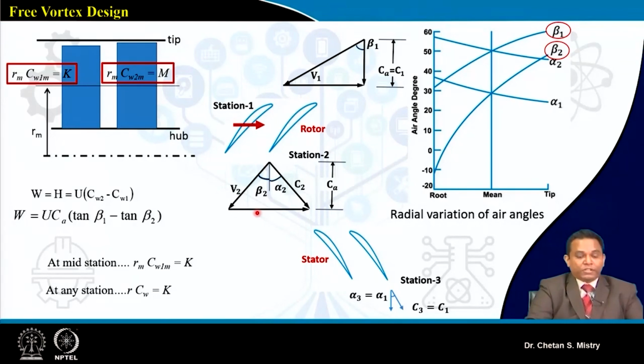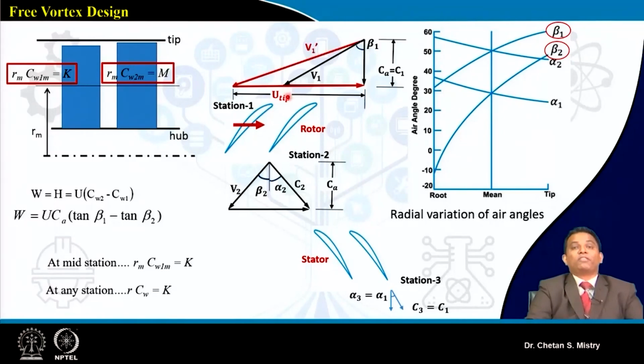Now what we are interested in is what is happening near the tip region. So I will put my U-tip, that is pi D N by 60. Since my tip diameter is larger, I will have this as the configuration U-tip.